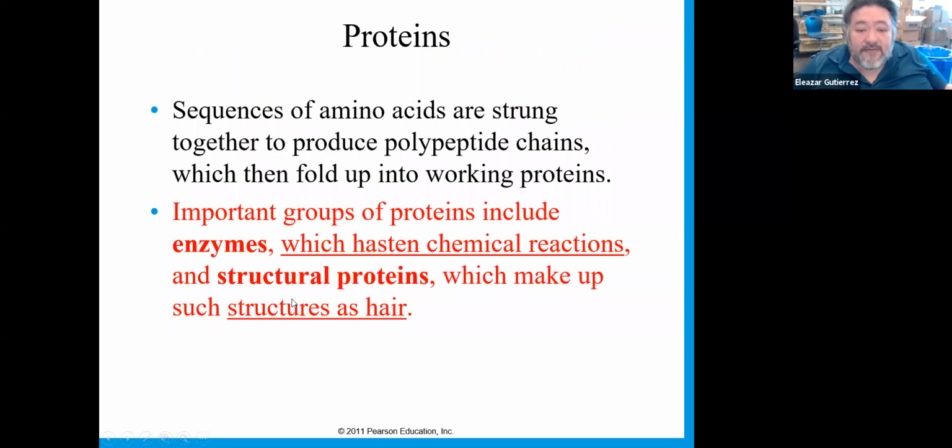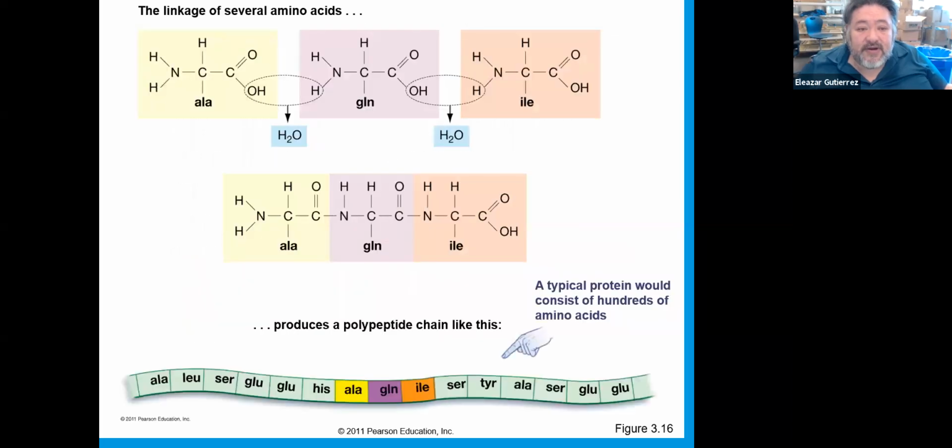Fortunately, there's one up here. So here's an amino acid. Here's the second amino acid. Here's the third amino acid. And we can see that each amino acid has a central carbon, has a hydrogen, has an amino group, and has a carboxyl group. Do you see that?